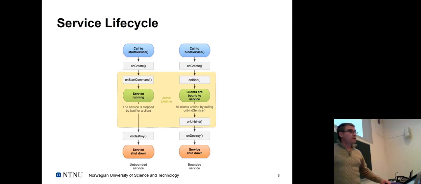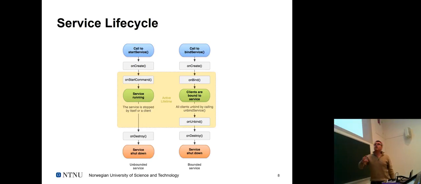So no, you need to implement it. Similar to the activity or the content provider, it's an abstract class that you get, and you need to extend it, and then you implement the corresponding functionality. That's precisely the same here. So you need to extend service, and then you implement the methods or not, and then do your stuff, basically. The only difference is you don't need to worry nearly at all about user interaction, because that's an activity problem.